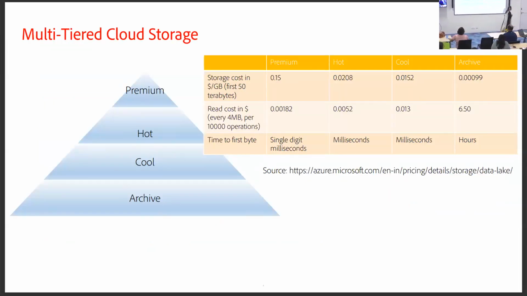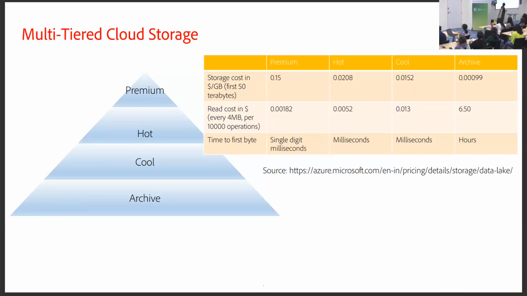One of the main things is that the cloud storage we avail from providers such as AWS or Azure comes in a multi-tiered format, where you have different tiers of storage, each coming with its own characteristics.